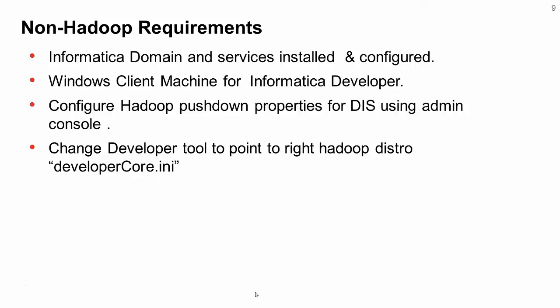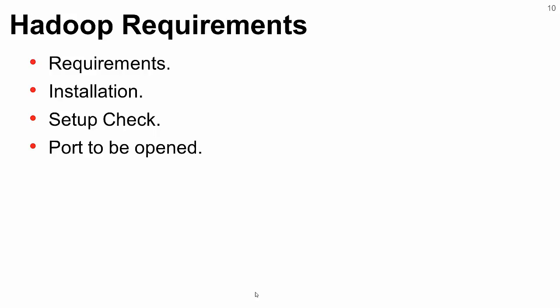Okay, so that was the non-Hadoop requirements, right? So these are things that are not related to Hadoop. These are outside of the Hadoop cluster. On the Hadoop cluster, what will you look at? So we have some requirements. We'll look at the installation that's taken place. We'll do a setup check, and we'll look at the ports that need to be opened.